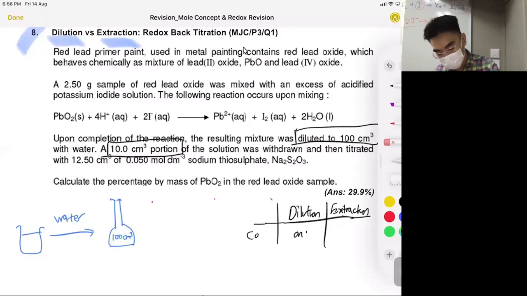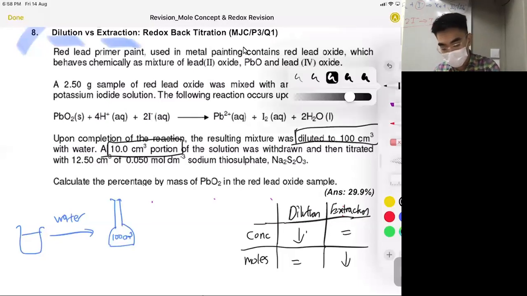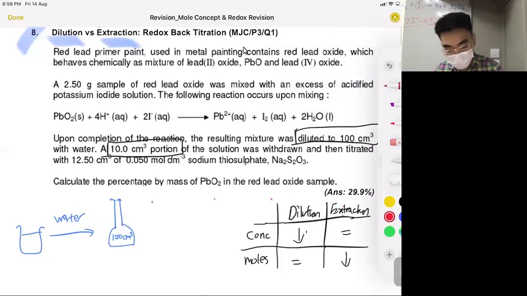But your moles will remain the same. So this is just a gentle reminder. Then extraction means that you take out a certain percentage of your moles, but concentration will be the same. In the second part, they take out a 10 cm cube. Usually you'll be using a pipette.